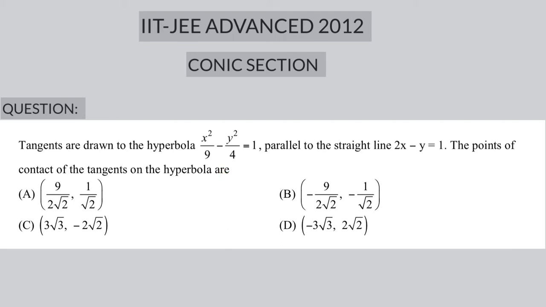The equation of a hyperbola is x square upon a square minus y square upon b square equals 1.